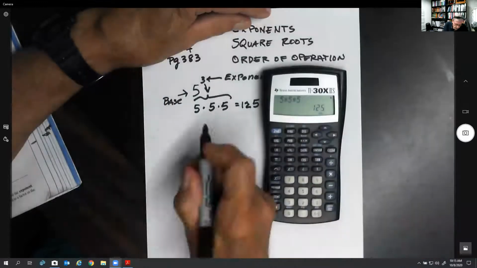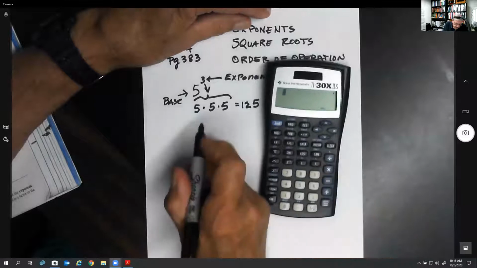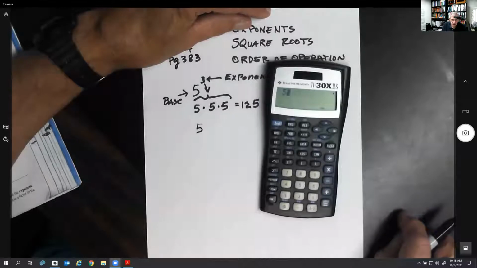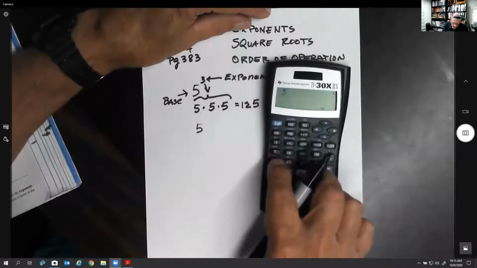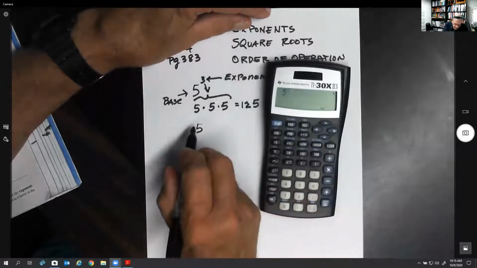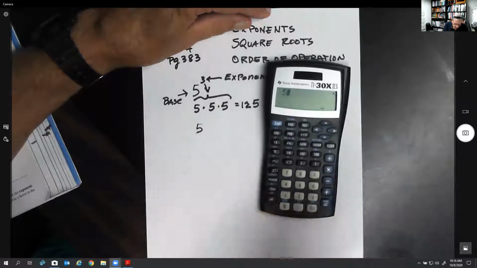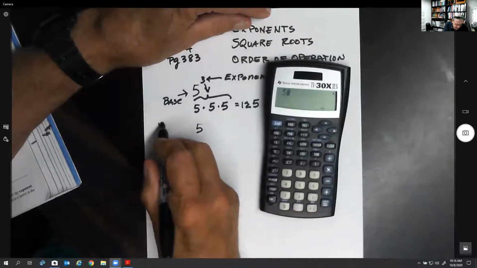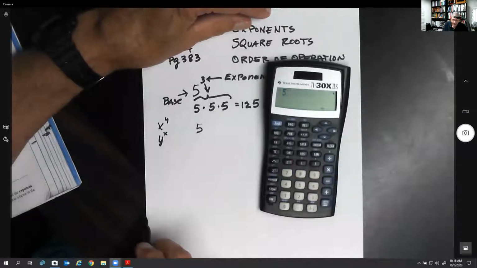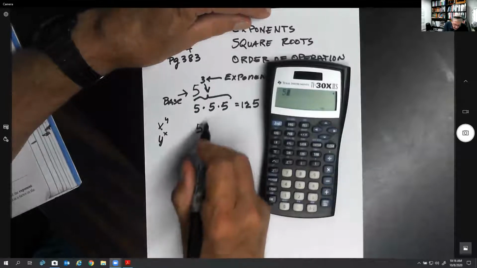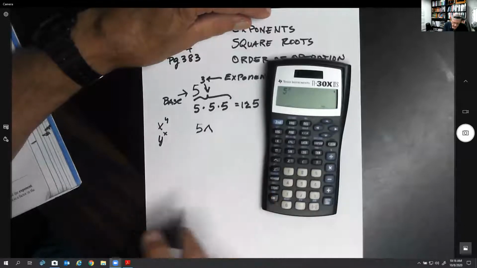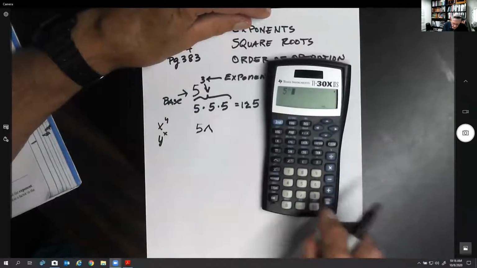Or another way we can do it is we can take the base 5, enter it, and hit the up arrow. On some calculators, this is going to be a y to the x power key. You have something like x to the y or y to the x. Some calculators like Casio might have that key. Anyhow, you're going to hit that key. In this case, we're going to hit the up arrow, and then we're going to hit our power, our exponent.